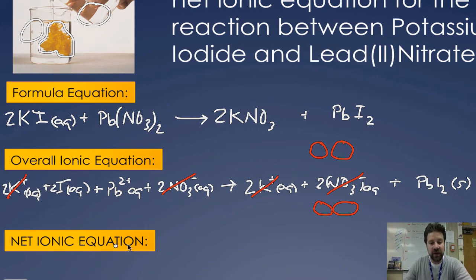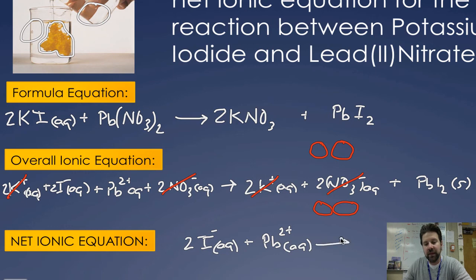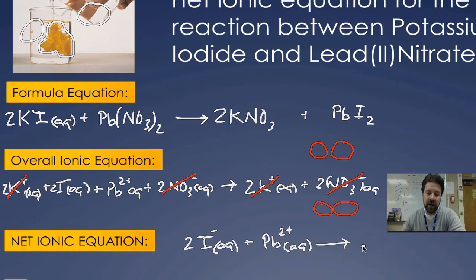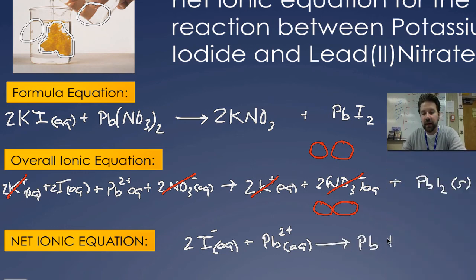So really, all I'm left with is the things that aren't crossed off. In my net ionic equation, I have 2 I- ions, and those are aqueous. I have a Pb2+ ion, aqueous as well, and that will yield our product, which is PbI2. And that's a solid. In this reaction, we saw it's a yellow-colored solid.